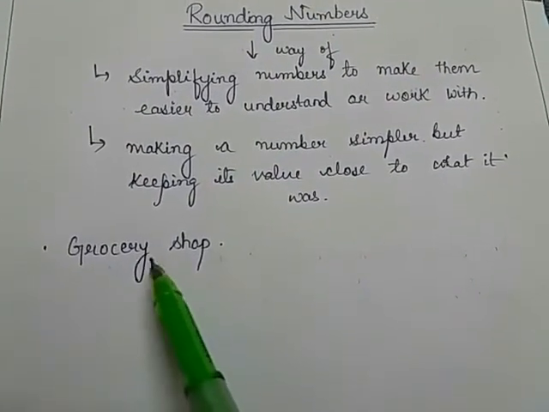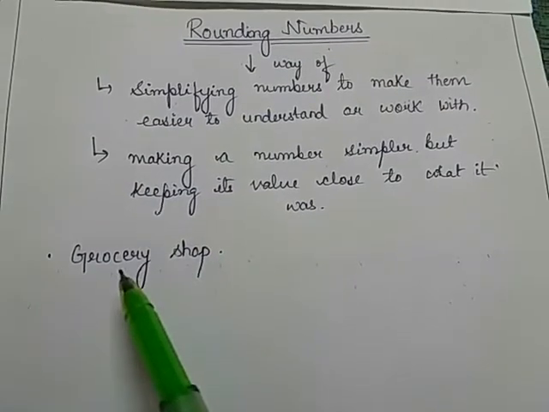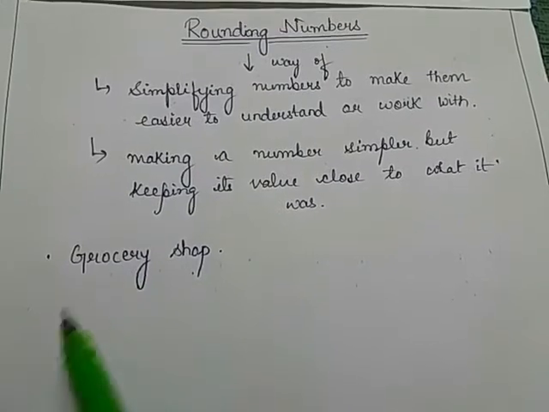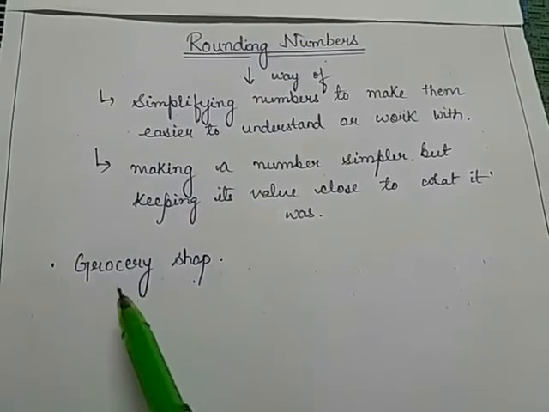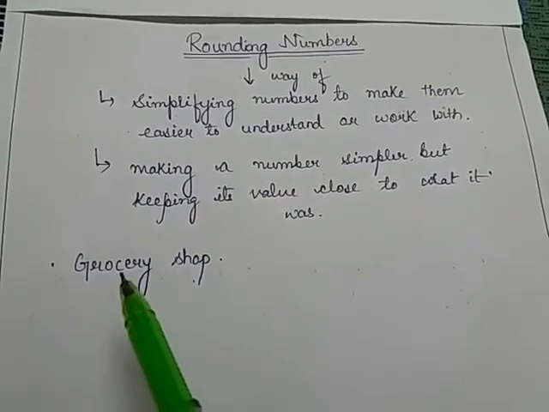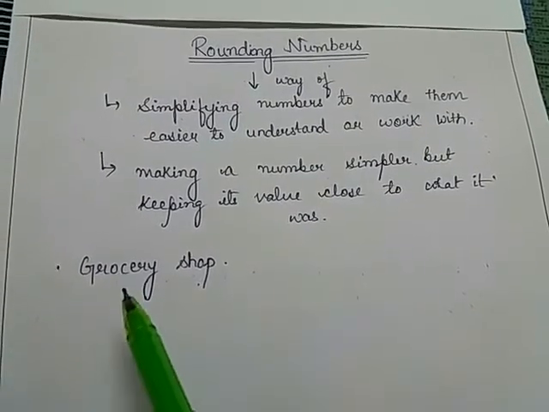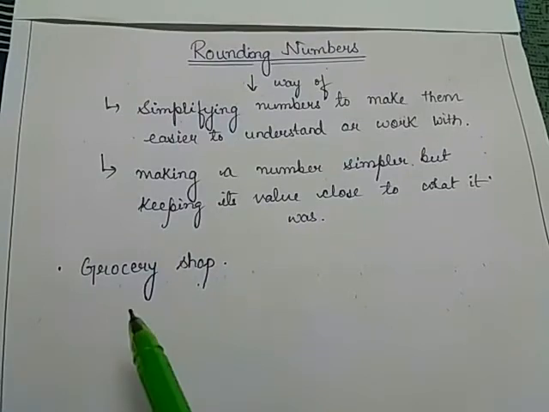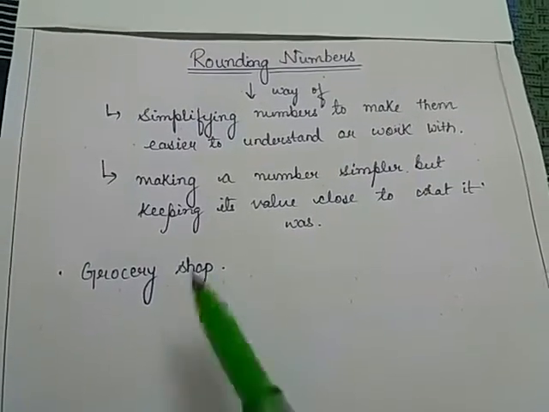Let's suppose you went to a nearby grocery shop to buy some household things. After buying things, you get a bill of, let's say, 204 rupees. But when you are paying, the shopkeeper tells you to pay only 200 rupees.